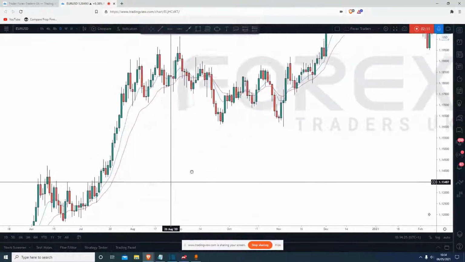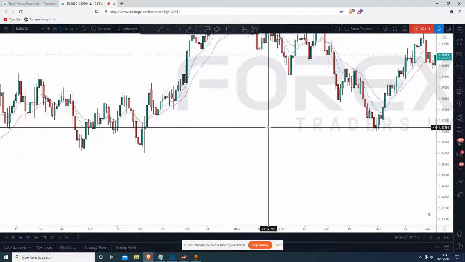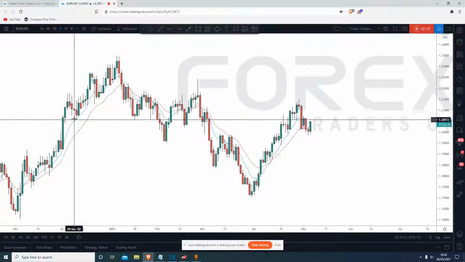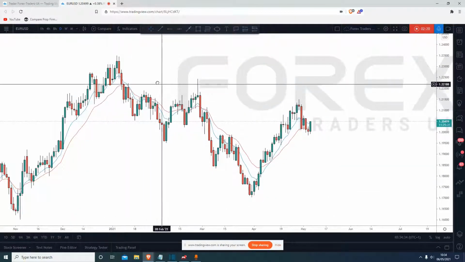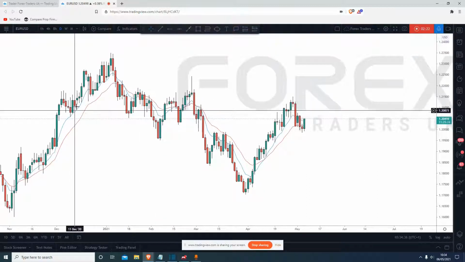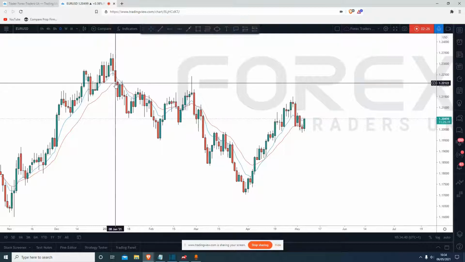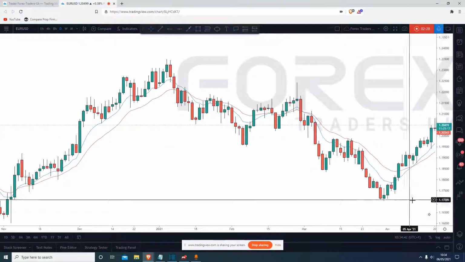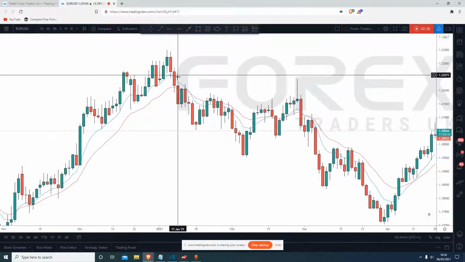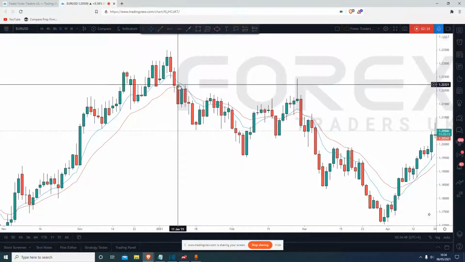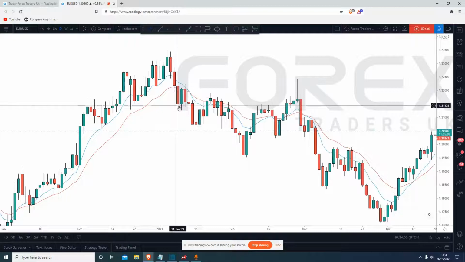As you may already identify here on the daily, the market also uses them as support and resistance. For example, here, support, support, support, until we finally closed and broke below the blue moving average. We squashed into the red moving average, and the next candle pushed way below.